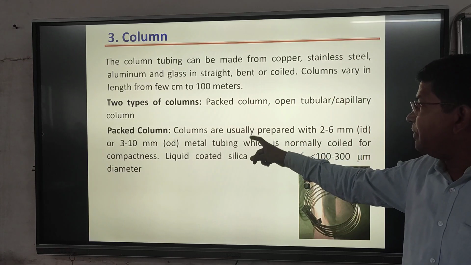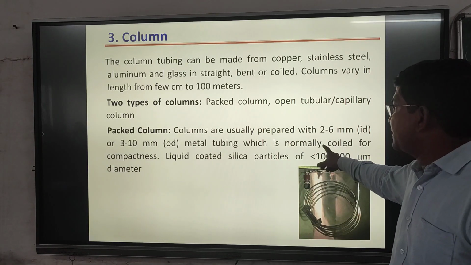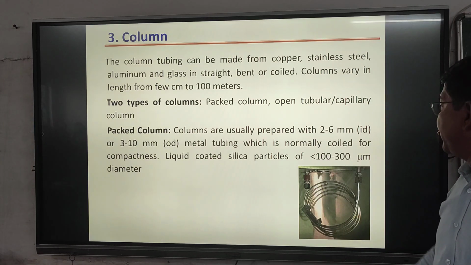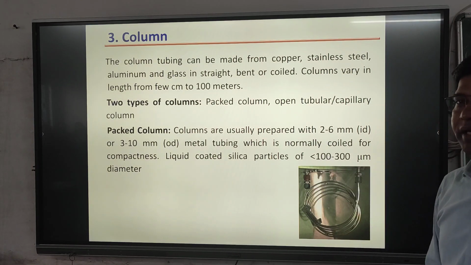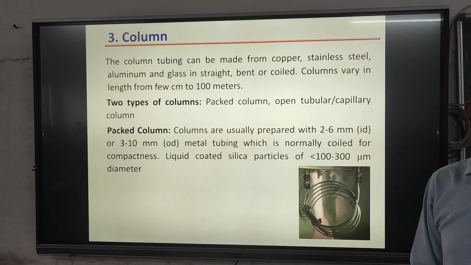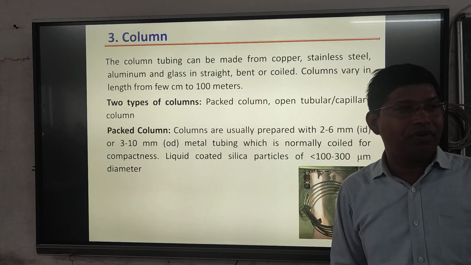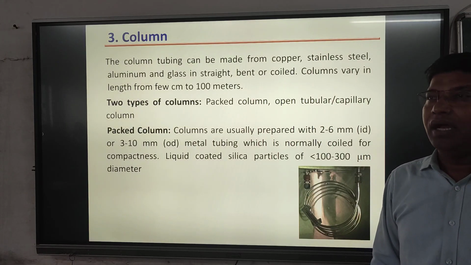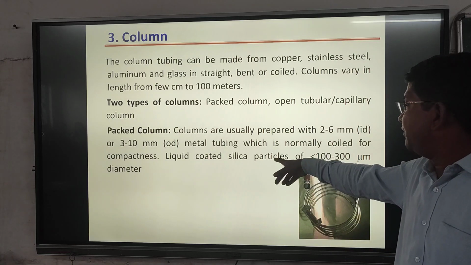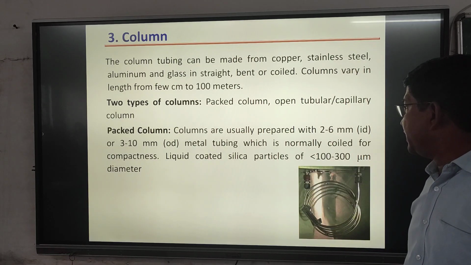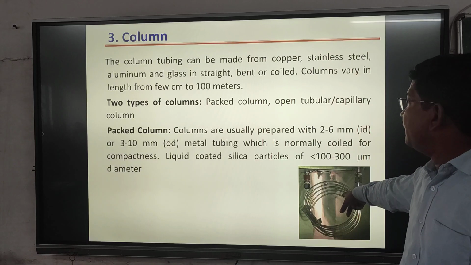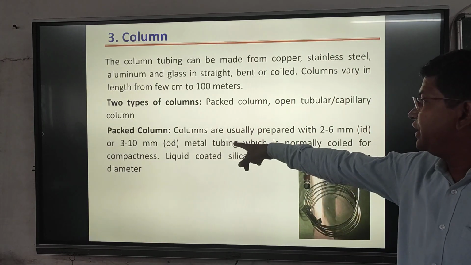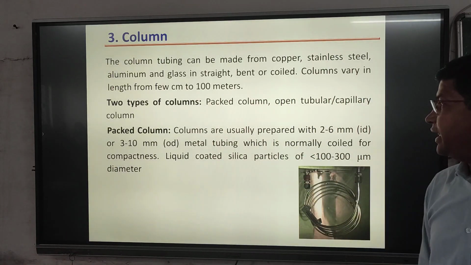The packed column has a stationary phase of less than 100 to 300 micrometer diameter particles, because the stationary phase is either in the form of a solid or liquid. And if you are using solid gas chromatography, then we will use silica particles, and the outer diameter of this packed column is 2 to 6 mm ID, and OD outer diameter 3 to 10 mm.